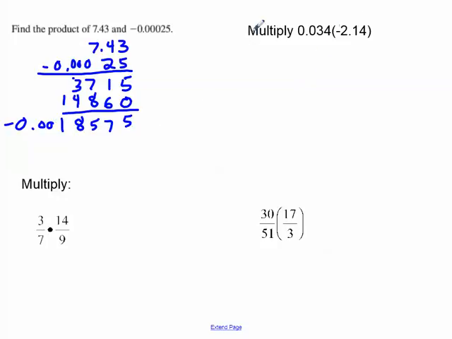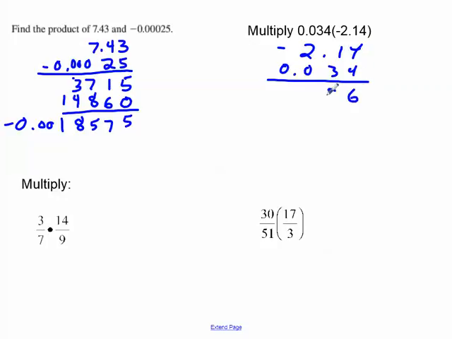We could do the same thing for this. Find the product means multiplication. Multiply this times that, same idea, negative 2.14 times 0.034. We've got two multiplications, and all we're doing is multiplying the 34 significant digits times the 214 significant digits. 4 times 4 is 16.